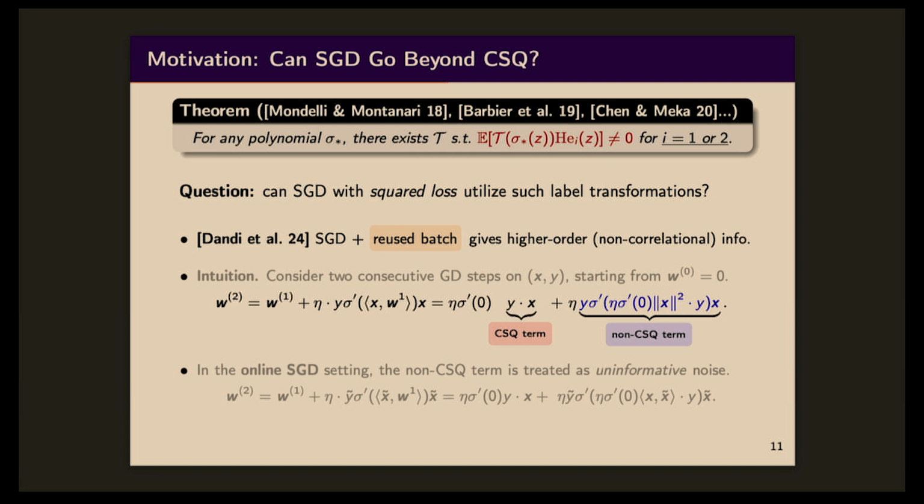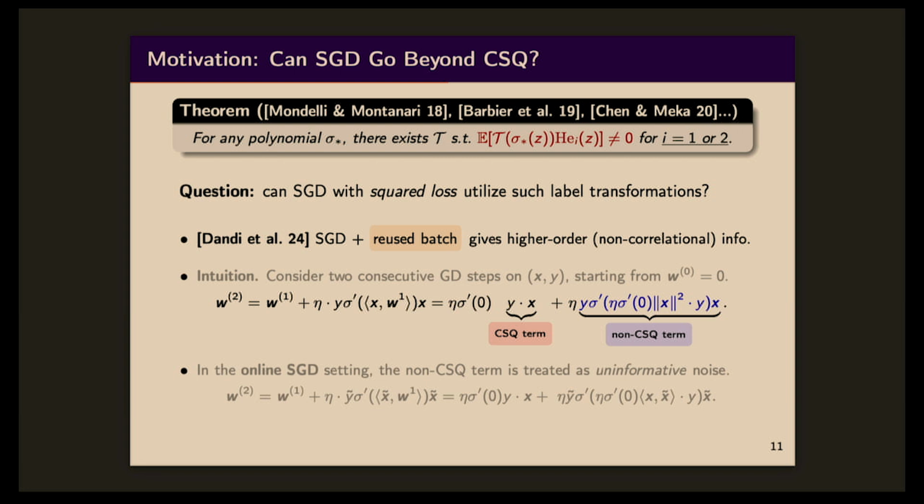And in most of the prior analysis, we look at online SGD, so this is Ben Arous et al. and many prior works. In which case, because online SGD for the two consecutive steps uses a different x, you're going to get an inner product of x and x tilde, where x tilde is a new data point, and this is going to be square root of d, which is smaller than the norm of x squared.